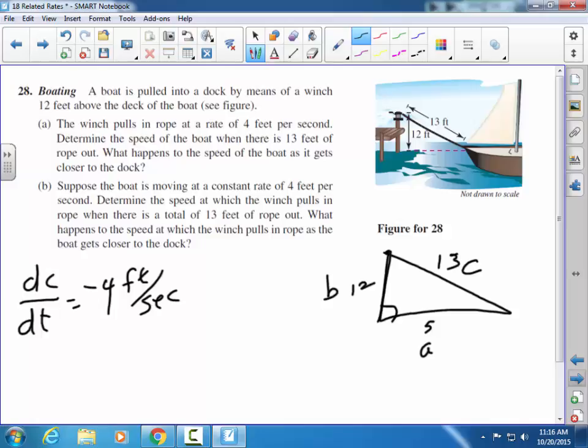Determine the speed of the boat. That's another rate. Is that dA or dB? dA. So we're looking for dA over dt. All right? So now, what is the relationship between A and C?